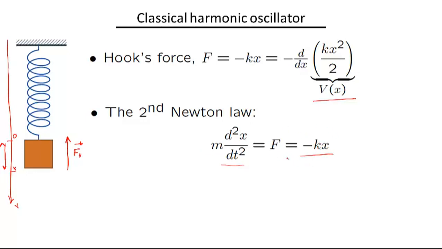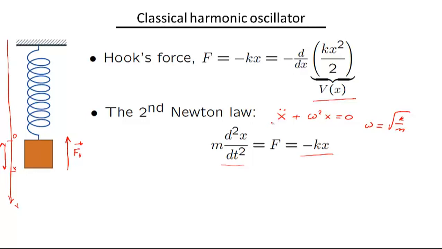It's just the force due to Hooke's law. If I divide this equation by m, and instead of writing the second derivative I write it in the compact form, x with 2 dots on top, I can write it as x double dot plus omega squared x equals 0, where omega is equal to the square root of k over m.